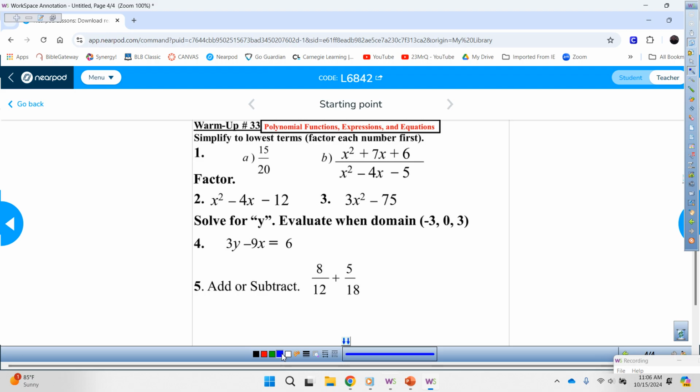Good communication. Joseph, get us started. 1A. How do I rewrite 15 over 20? Five times 3, 5 times 4.